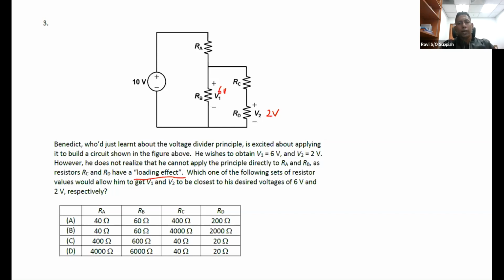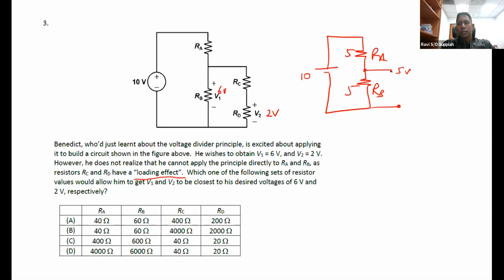Correct? So for example, if I were to just imagine that this circuit is just two resistors, RA and RB, and let's just say it's 5 ohm and 5 ohm, you know that at this point here is 5 volts.